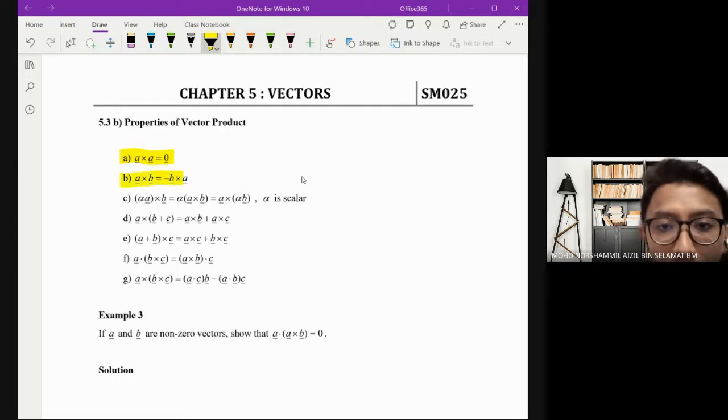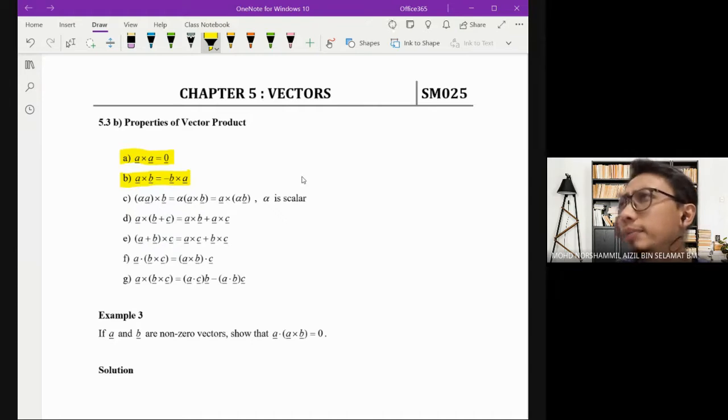Alright. And then this one juga. Ini dua yang saya highlight ni means that totally opposite to our basic algebra of maths. Maksudnya totally lain dengan kita punya pengiraan matematik biasa, standard lah. So yang saya highlight kuning ni kena tahu betul-betul lah. Kalau C we can use logic guys.